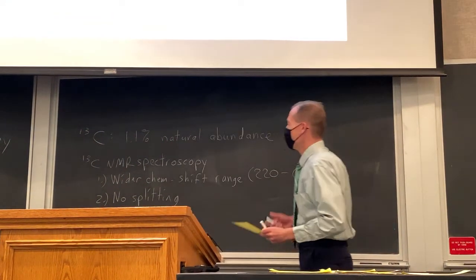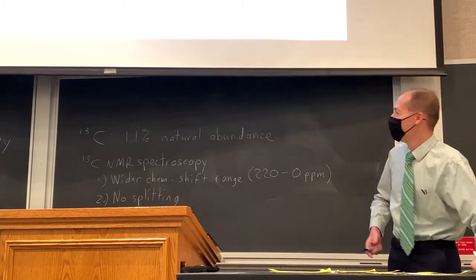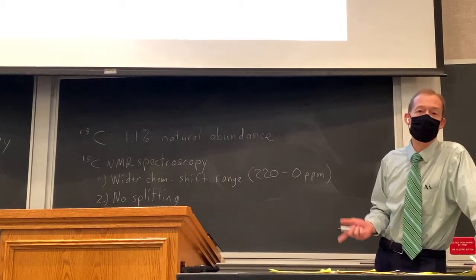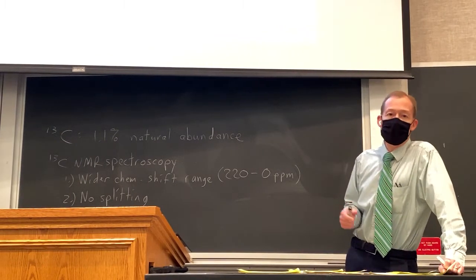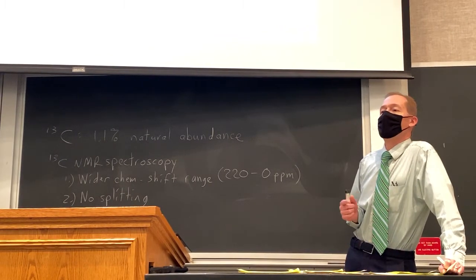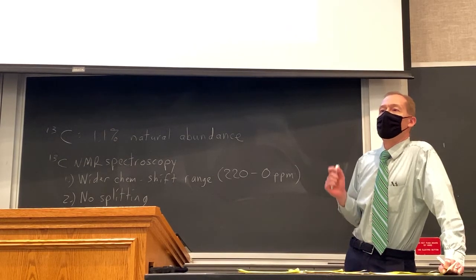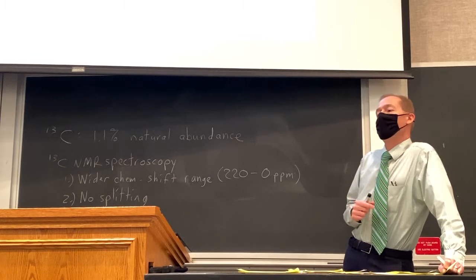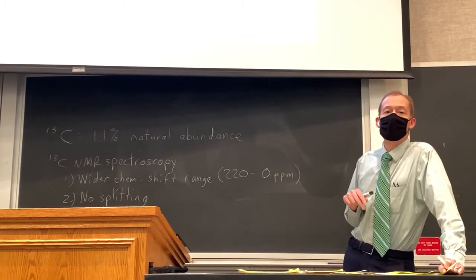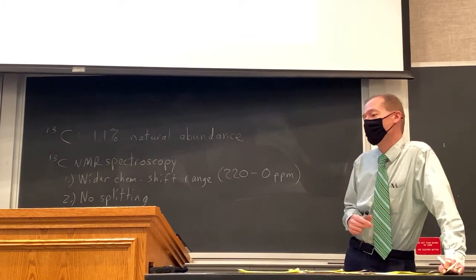In most C13 spectra, the peaks are all singlets. And this should make sense because for a carbon nucleus to be split by a neighboring carbon, both of those carbons would have to be C13 atoms.